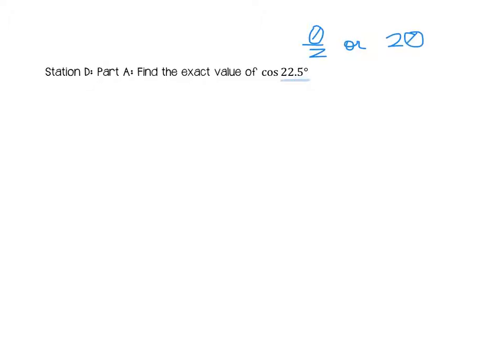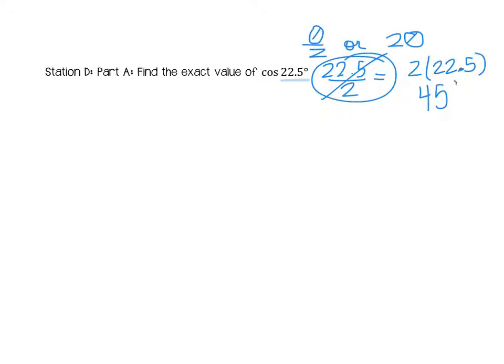If I take 22.5 and divide it by 2, that doesn't work. That gives me something that ends in 0.25, and again, there's nothing on my unit circle that does that. But if I take 22.5 and multiply it by 2, I see that that does get me to 45 degrees, and that is something that I can work with on my unit circle.